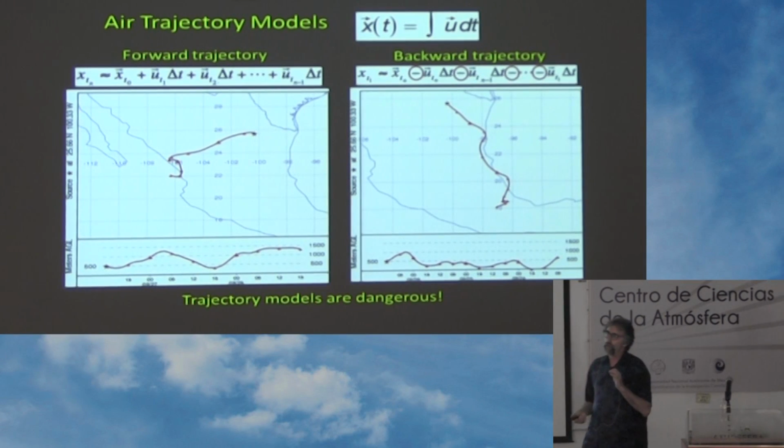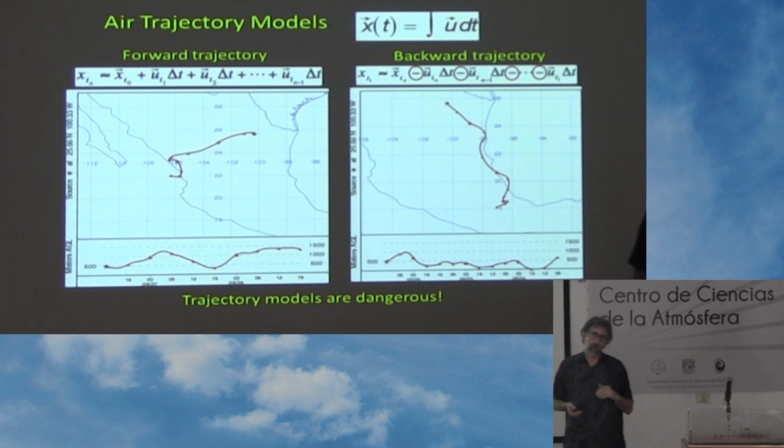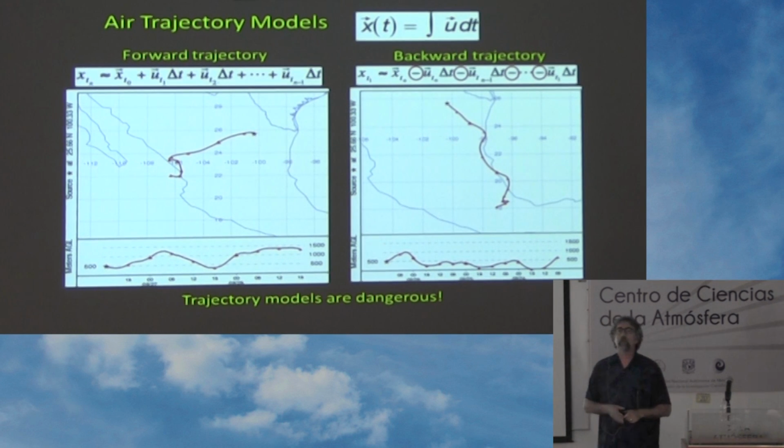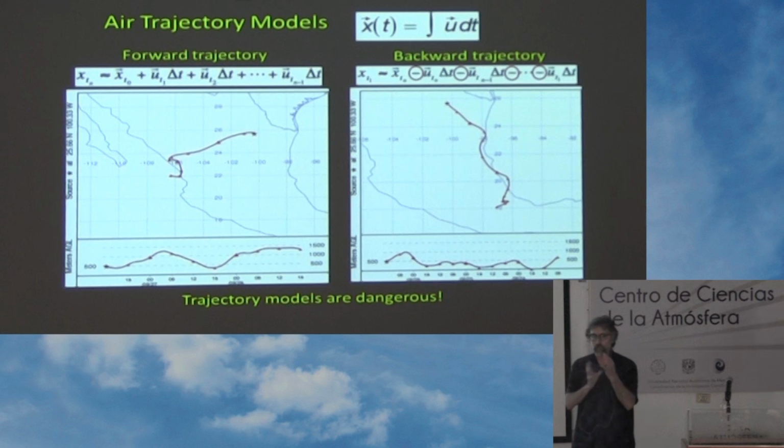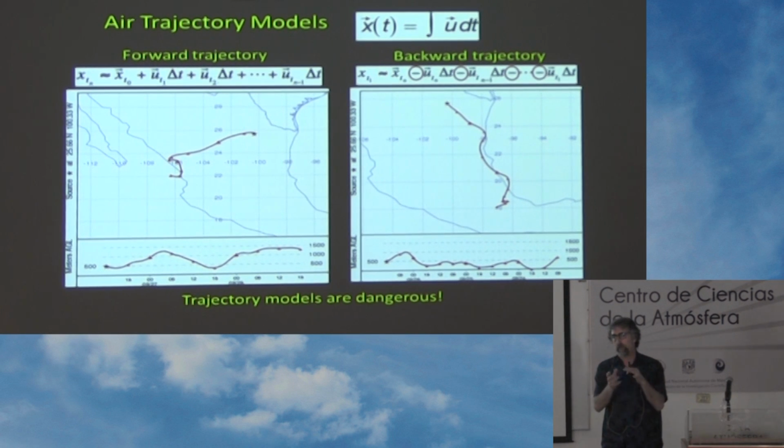Another thing to remember is you can think of the trajectory here as an estimate of the path of an air parcel. So in meteorology, we have this concept of an air parcel, which is a small unit of air. I like to think about it as a balloon without the skin. A small unit of air that moves along and retains its properties except pressure.